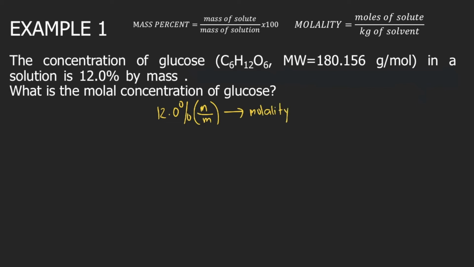We just learned a while ago that 12% by mass can be expressed as 12 grams of solute, in this case glucose, per 100 grams of solution.